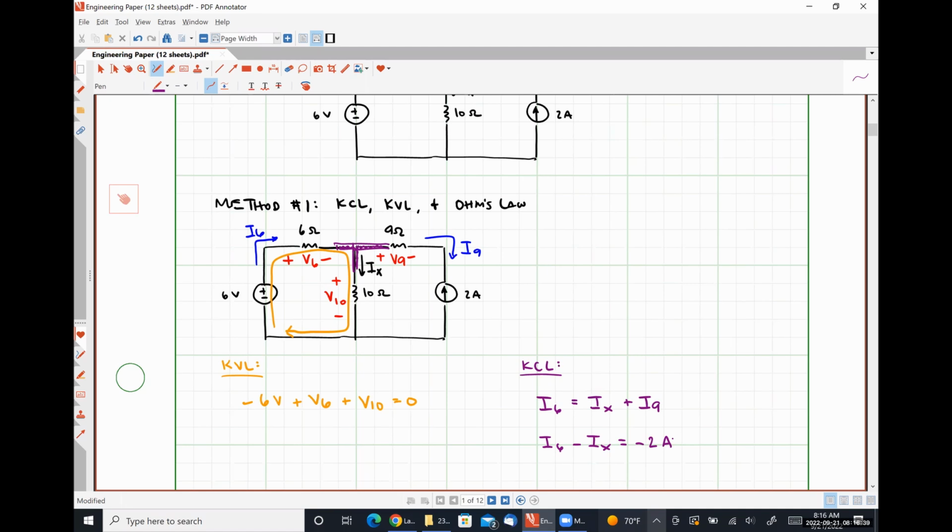Now let's look at that KVL equation on the left again. We could express V6 in terms of I6, right? So V6 would just be 6 ohms times I6.